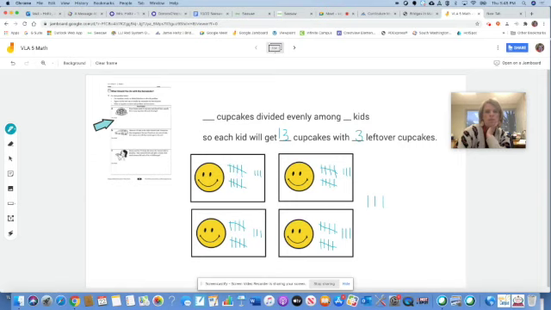Okay, so in my head, I'm wondering if each cupcake could be split into 4 pieces since there's 4 kids. So if we did that, how much would each kid get? Try that one out. And remember to record your answer on your page.